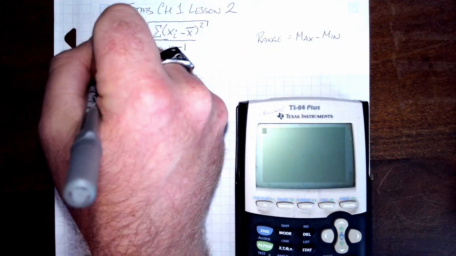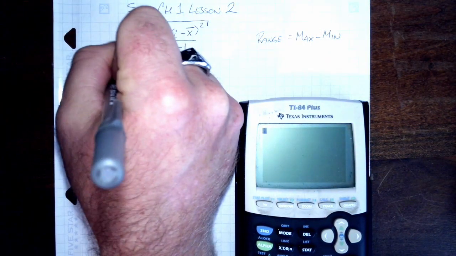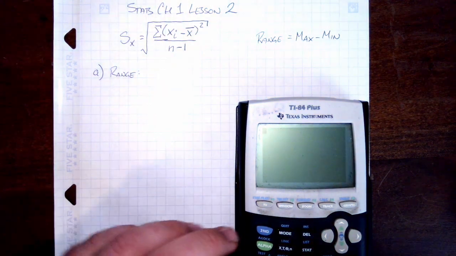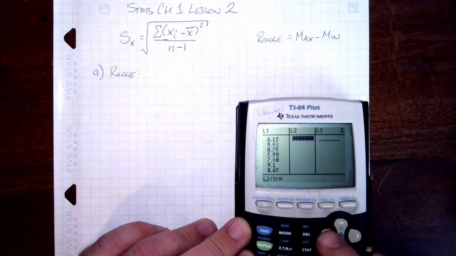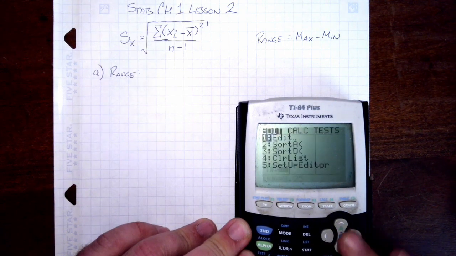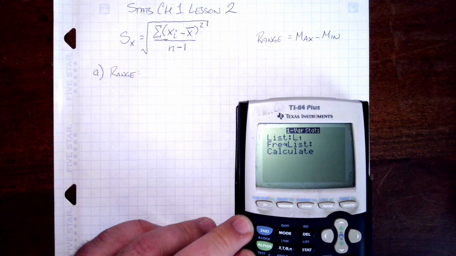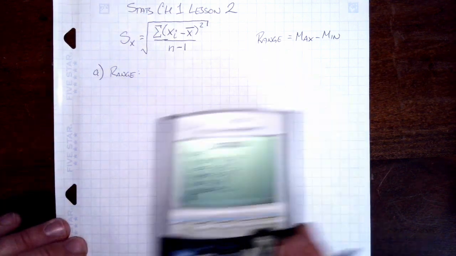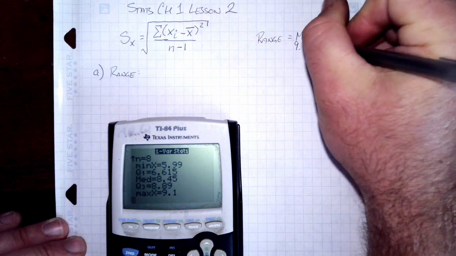So part A, just find the range and the standard deviation. Let's do the range first. So stat edit. I've already put in all of our values here to speed this up a little bit. So stat calc 1 on L1. Our maximum value was $9.10.